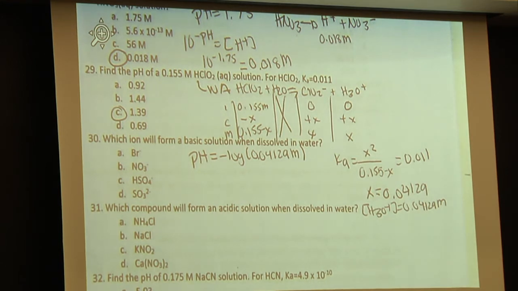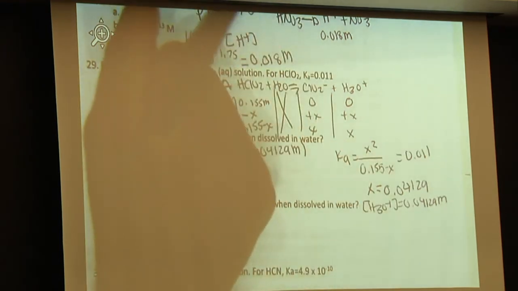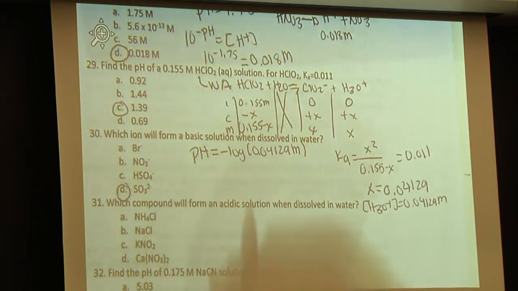Okay, number 30. Which ion will form a basic solution when dissolved in water? The answer is D. Okay, so dissolved in water.